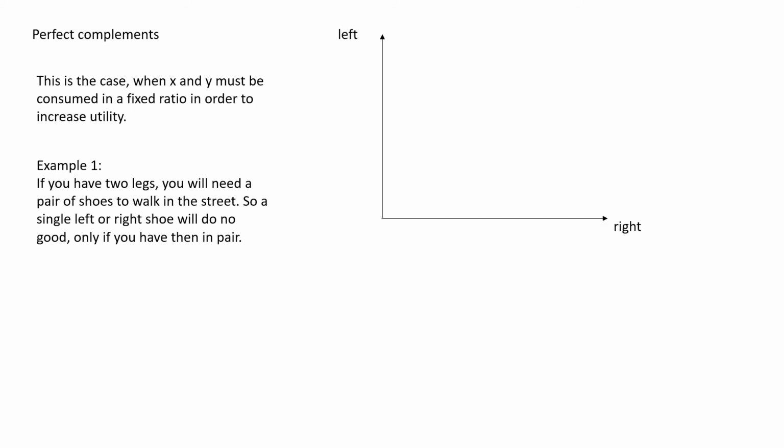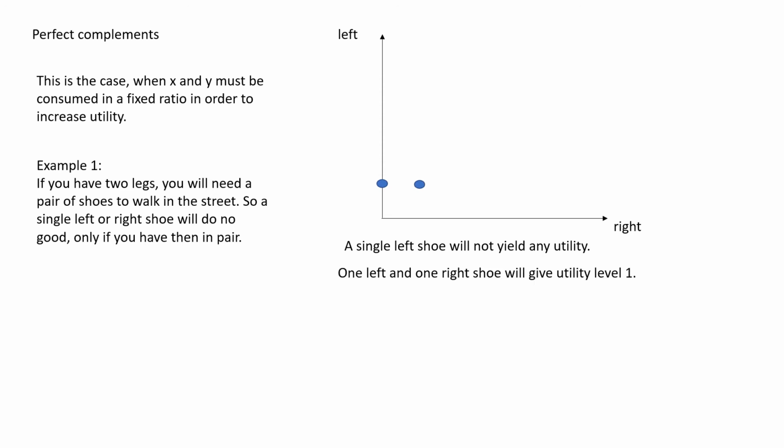Let's see how we can visualize this. We have the left and the right shoes. Having a single left shoe will not yield you any utility. One left and one right shoe, however, will give you a utility level of, say, 1.